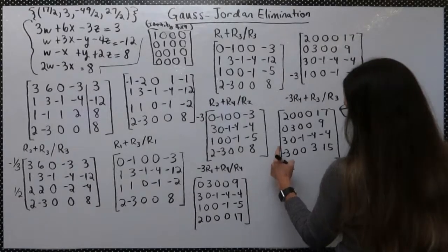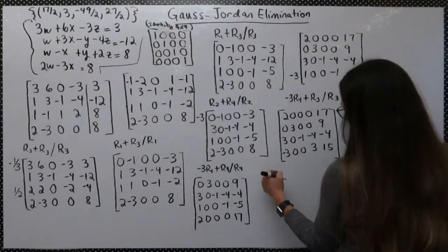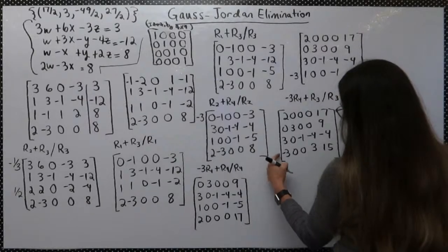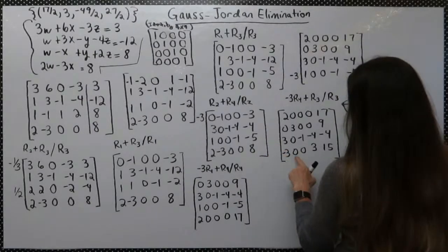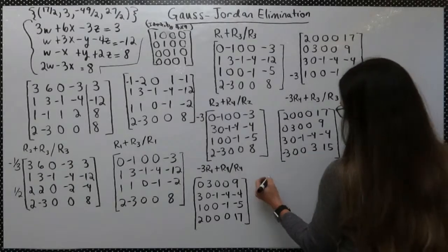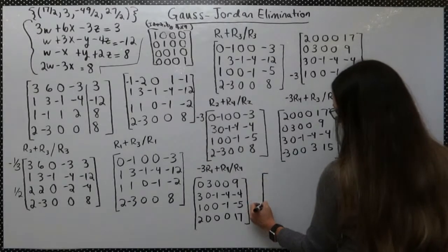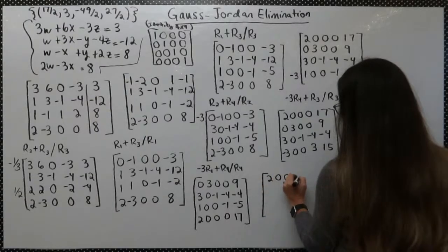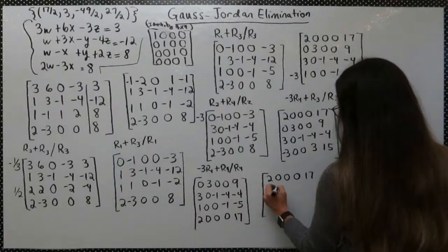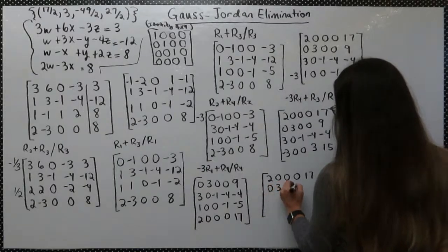Now we're just going to add rows 3 and 4. And I'm going to replace row 3 because I don't want to mess with these zeros. It'll add more steps. So 2, 0, 0, 0, 17, 0, 3, 0, 0, 9.